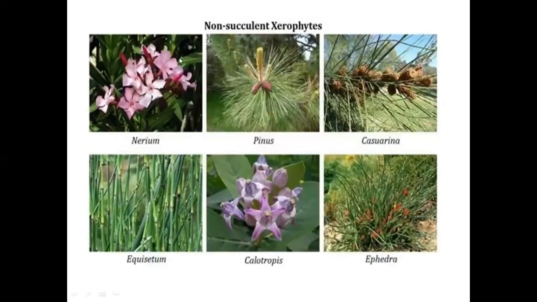Now we see non-succulent xerophytes. Here we see Nerium. This is a true xerophyte which grows under dry conditions. And Pinus, Casuarina, Equisetum, Calotropis, and Ephedra. These are the non-succulent xerophytes, also called true xerophytes.